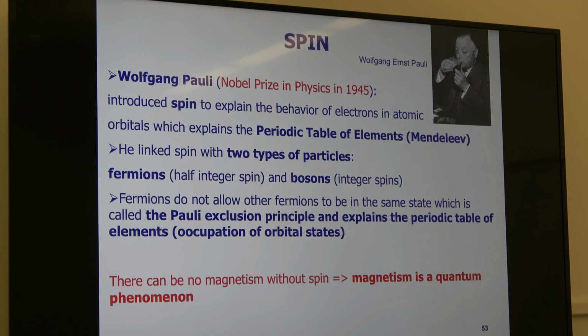If spin is half integer, as we say, these are so-called fermions, and these particles do not allow, we don't know why, other particles to be in the same state. So it's a binary code. It's either 1 or 0 particles in that state with spin 1/2.